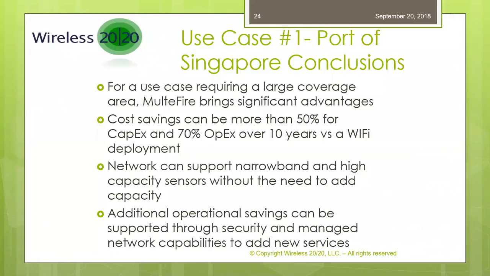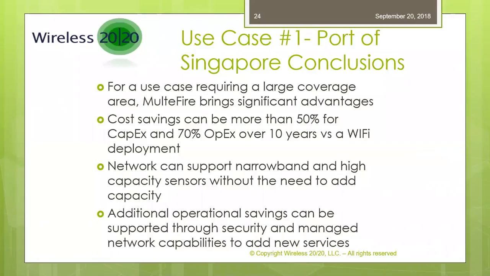The business case analysis tells us there are significant business case advantages brought by MulteFire: the capability to support both narrowband and high band capacity sensors with the LTE aspect of that and the performance that we're seeing.